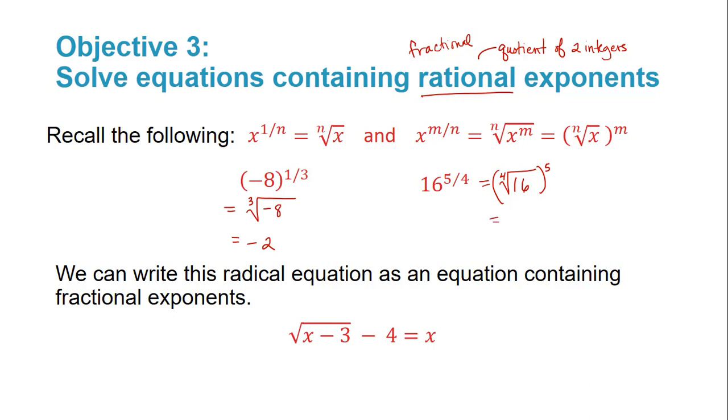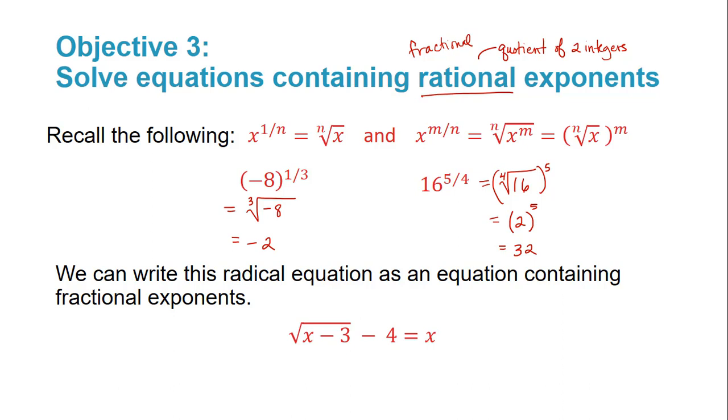The fourth root of 16 means what number do I raise to the 4 to get 16? And that is 2, right? 2 to the 4 is 16. This therefore means to find 2 to the 5, which is 32. Okay, so just some remembrance of those.